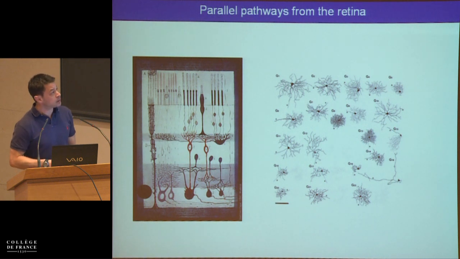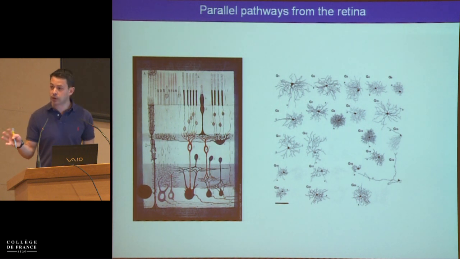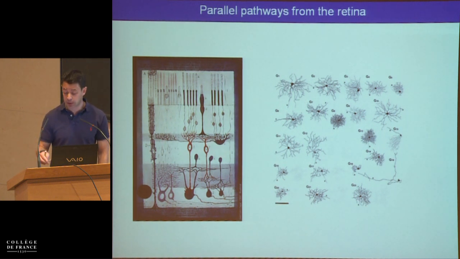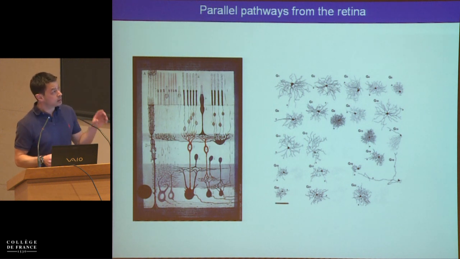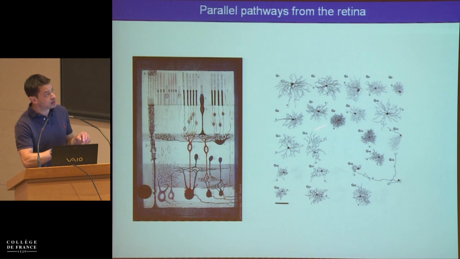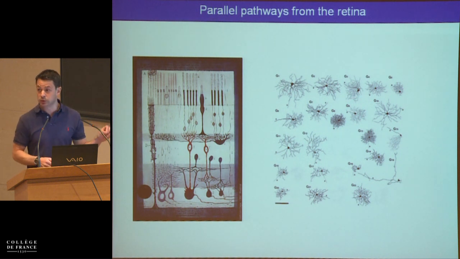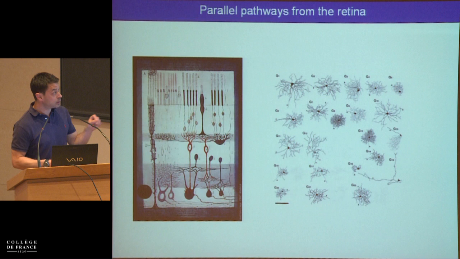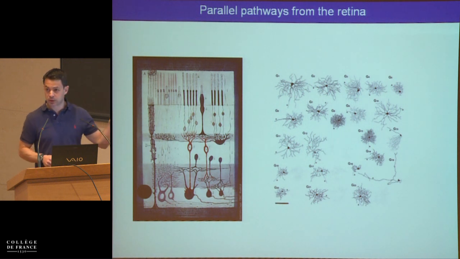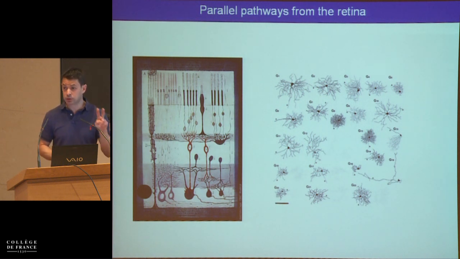And in vertebrates, there are between 10 and 20 different classes of retinal ganglion cell. It will vary according to which species you happen to be looking at. And historically, these different classes of ganglion cell have been distinguished from one another based on differences in their dendritic morphologies. And I think if you want to understand what it is that the retina is telling the brain, you need to know two things.